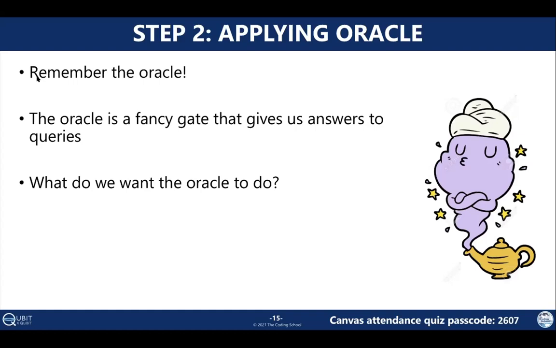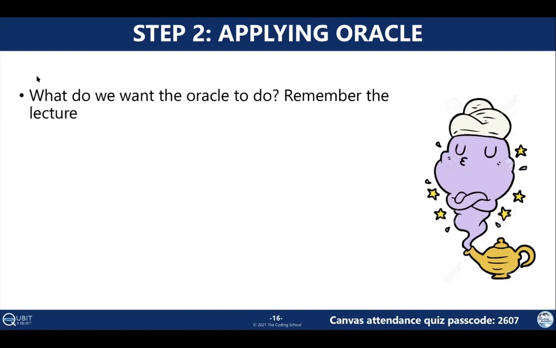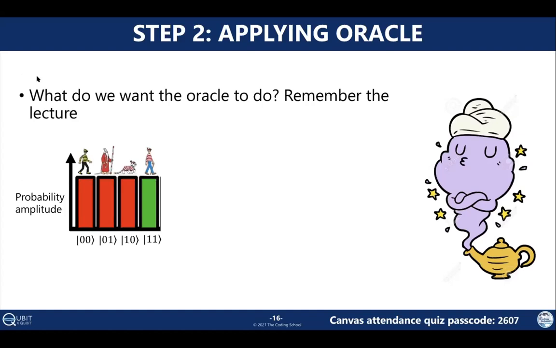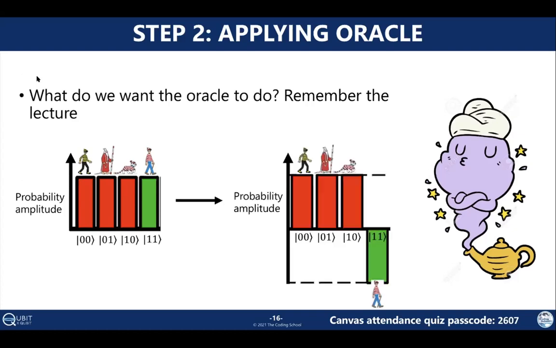In this case, what do we want the oracle to do? We want to amplify Waldo's position, and the first step to amplifying his position is actually inverting it. This is our magical quantum part of the algorithm. The oracle is super important, but it doesn't matter exactly how it operates, so long as it does this.